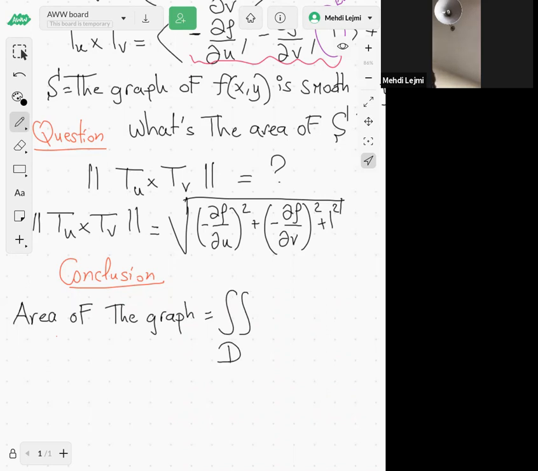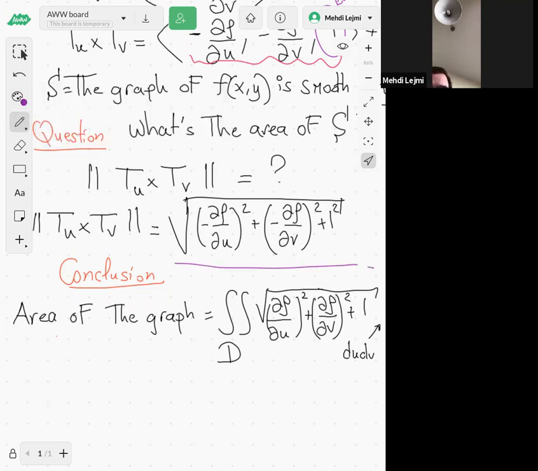So that's the square root of the derivative of f with respect to u squared plus the derivative of f with respect to v squared plus 1, du dv. Okay, so this is a very general formula.